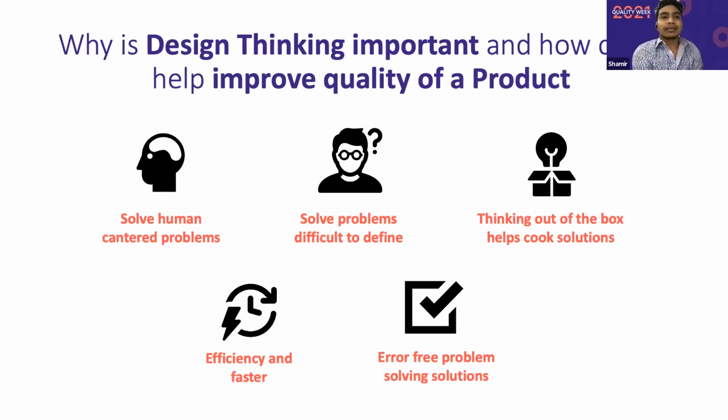And so last but not least, based upon what I explained about design thinking and the design thinking process, why is design thinking important, and how can it help improve the quality of a product, right? I think first up is that it solves human centered problems or needs.